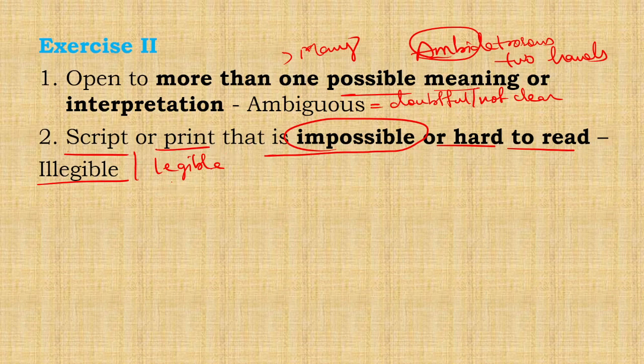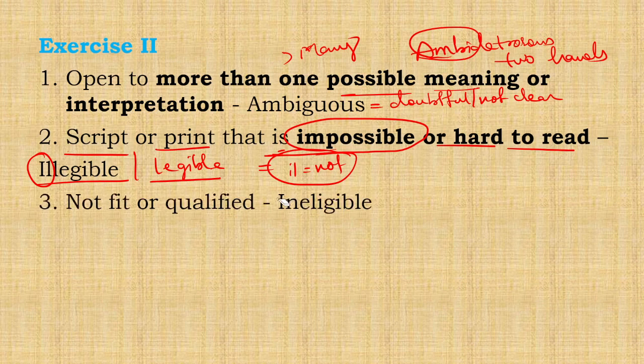But here we are speaking about illegible. When you add the word ill, it gives the meaning of negativeness. Ill means not. You remember this combination. Legible means which you can read and understand, but illegible is which you cannot read or understand.